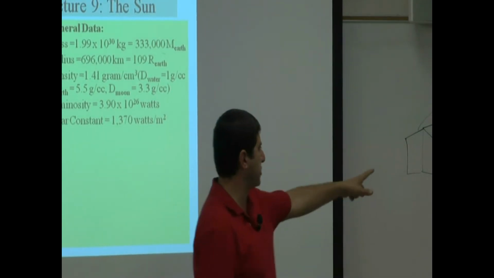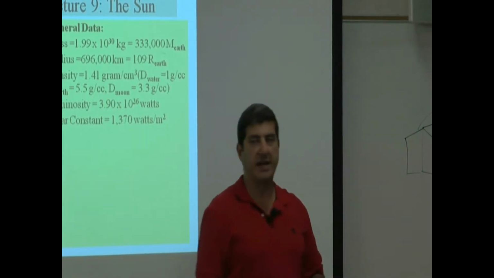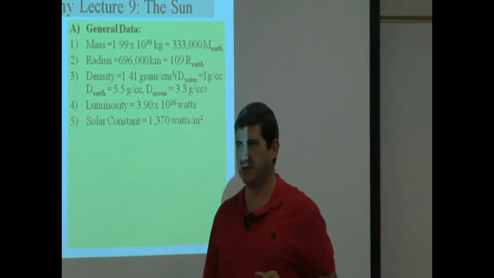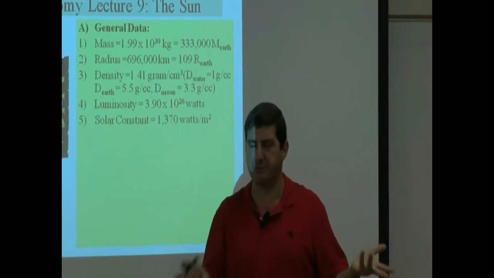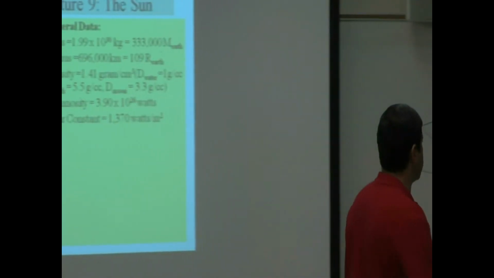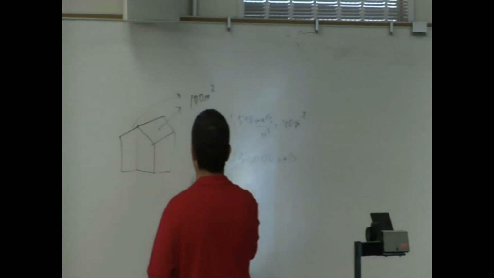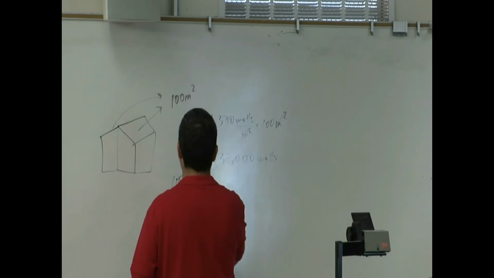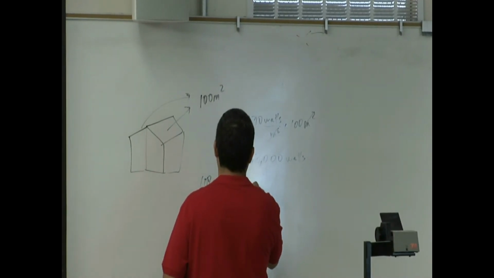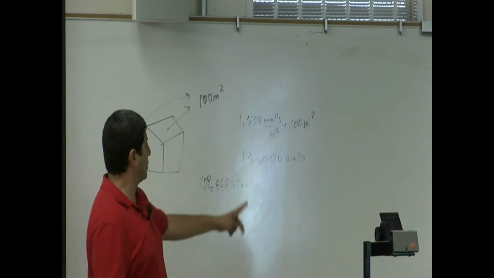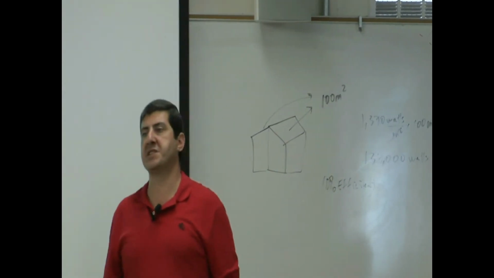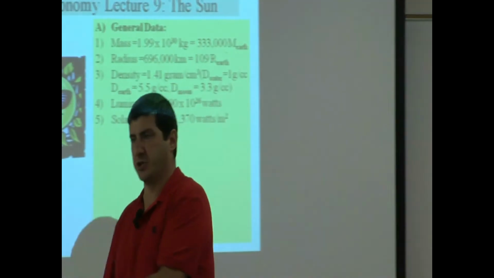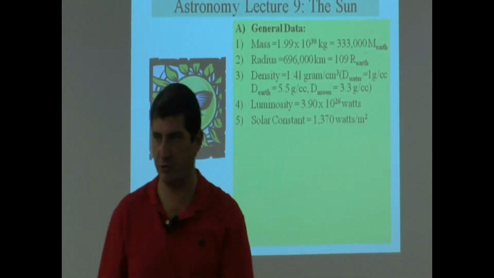They're not going to be able to take all of this energy and convert it to electrical energy. They're probably going to be maybe 10% efficient or something like that. So let's say, for the sake of argument, they are 10% efficient. What does that mean? That means out of all this energy hitting the roof, only 10% of it is going to be converted into electrical energy that you can use in the house.